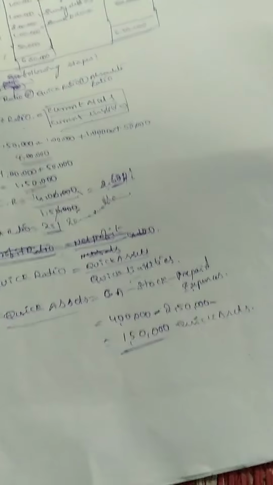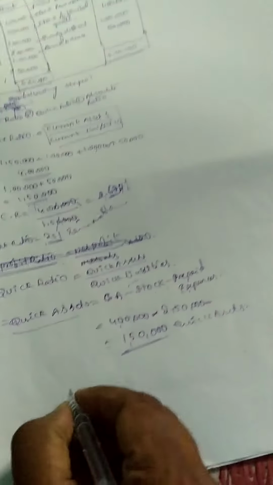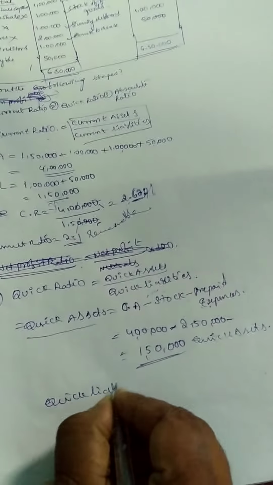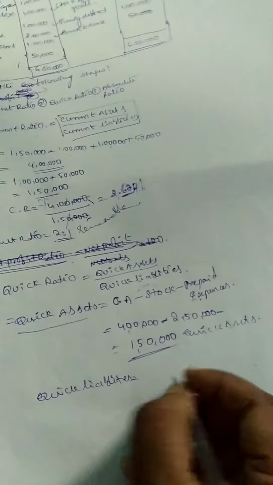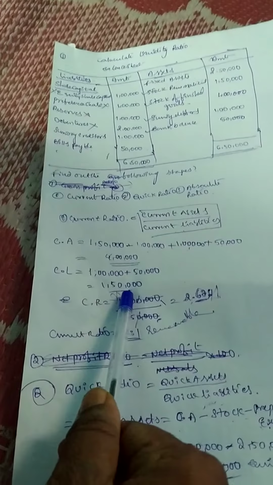That's why we did not take any kind of liabilities, only current liabilities. So quick liabilities are 1,50,000.